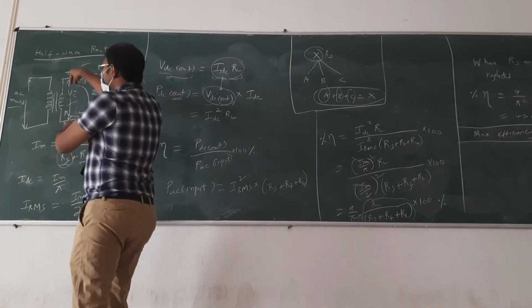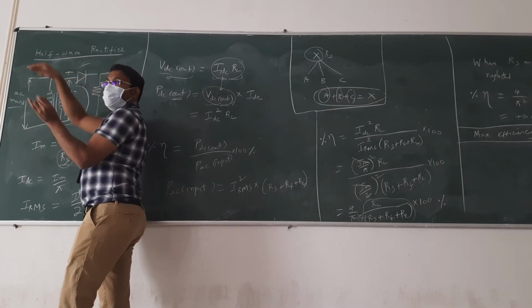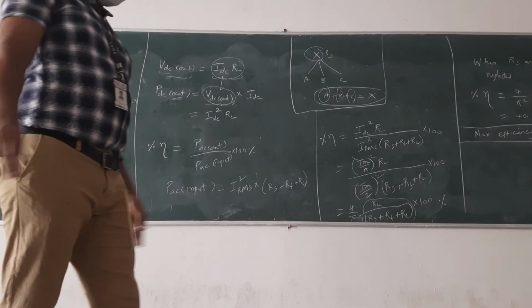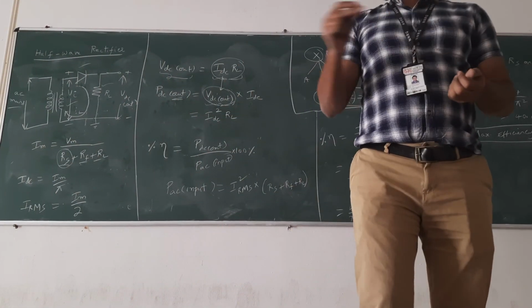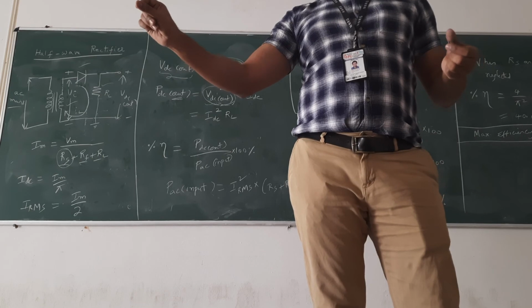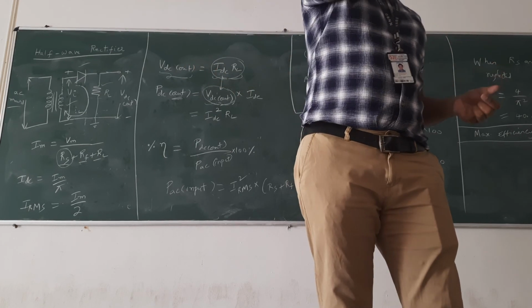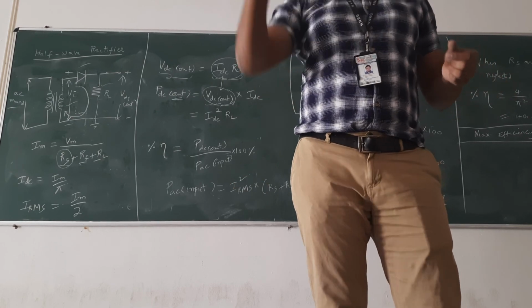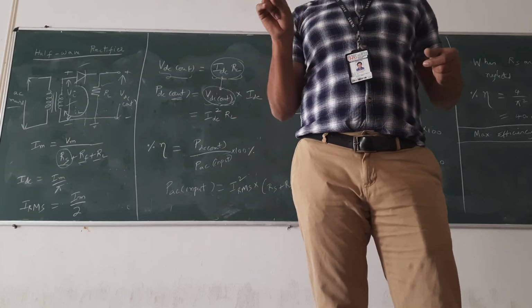What signal are we getting from the plug point? Square wave or triangle wave or sinusoidal wave? Sinusoidal wave. Usually in our circuits, if AC voltage is mentioned and nothing else is mentioned, whether sine wave or square wave, by default we will take sinusoidal signal.